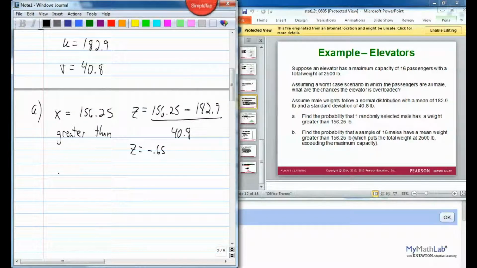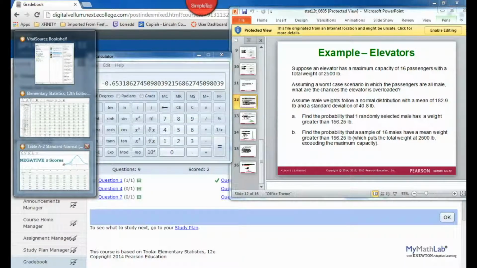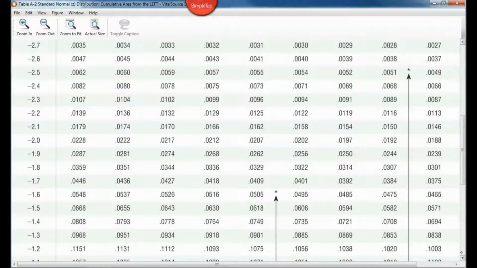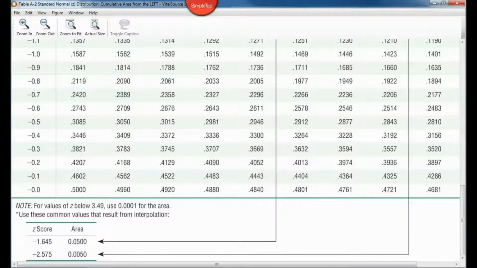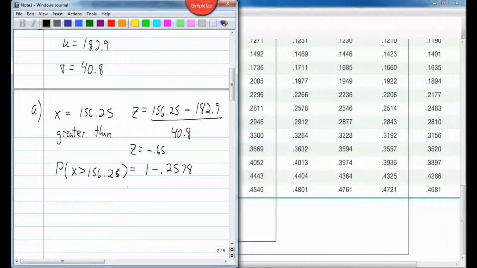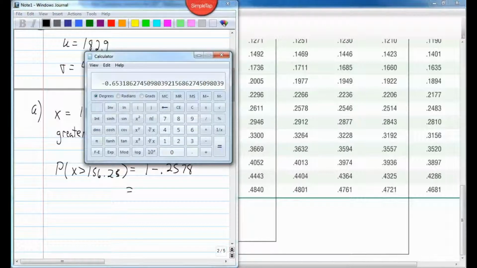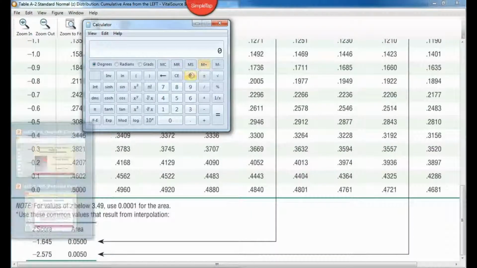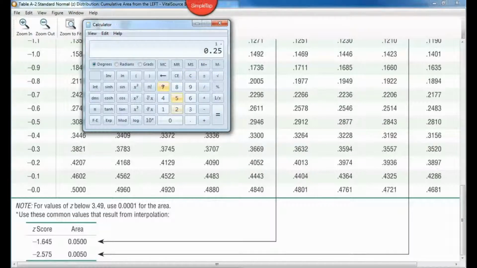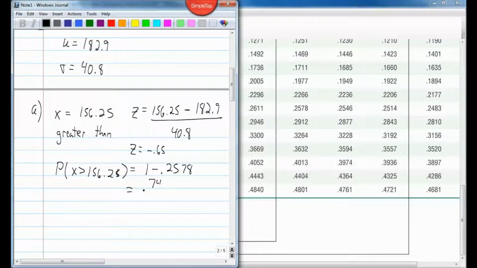But since it said greater than, the probability that the randomly selected person weighs more than 156.25 is 1 minus 0.2578, so 0.7422.